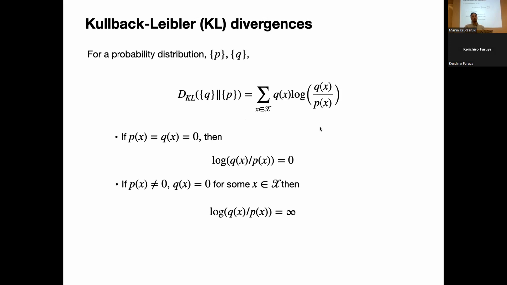But in addition to this definition, we actually require these two properties so that this function behaves well. What I mean is that if p and q are zero, then log is not zero in general, but we require it to be zero. And if p is non-zero but q is zero, we say it's fine to be infinite.